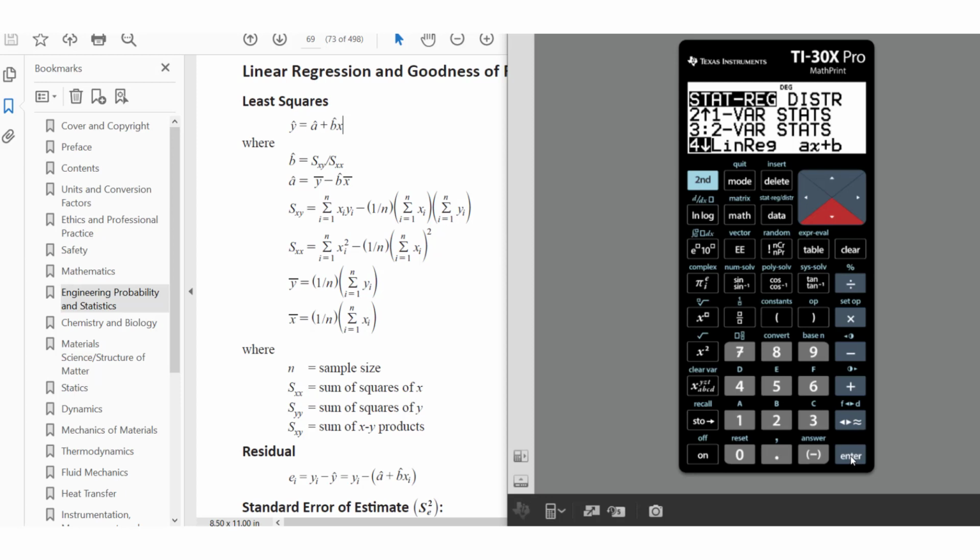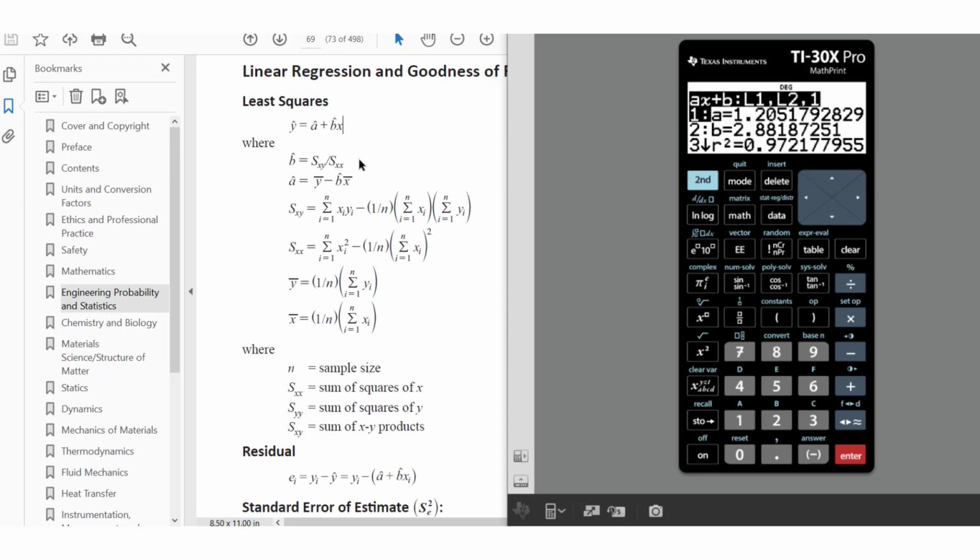So what you do here is click enter on this, and all of this is fine. All you have to do is go down here and click calculate. So our A value is around 1.2. Our B value is around 2.9.